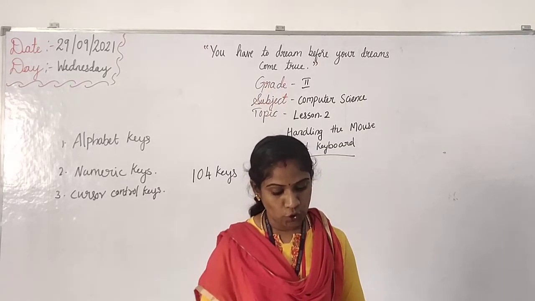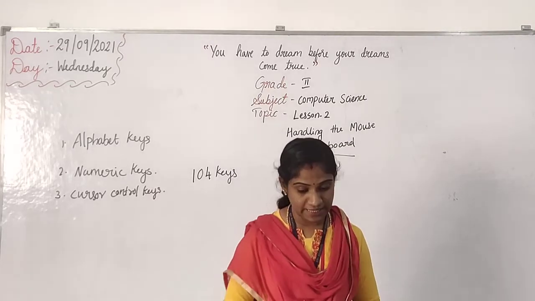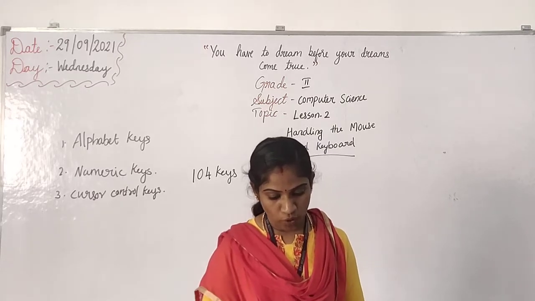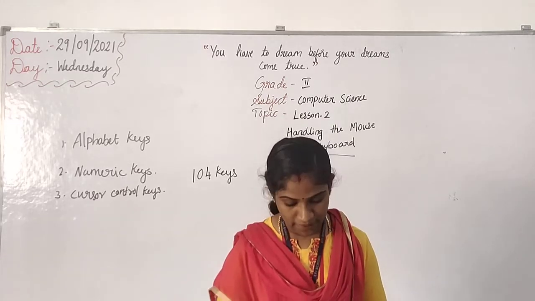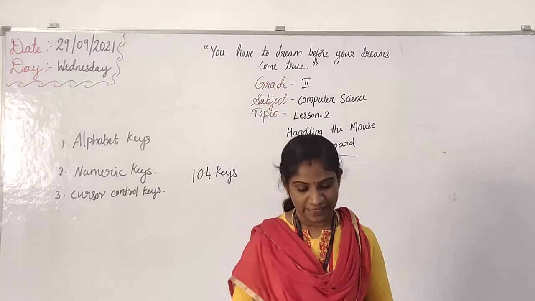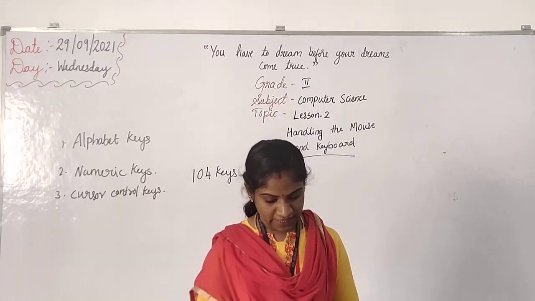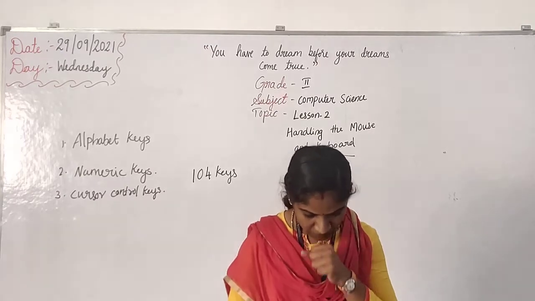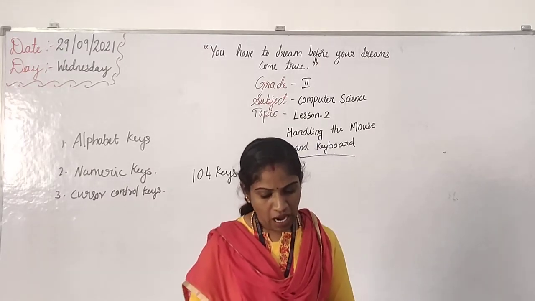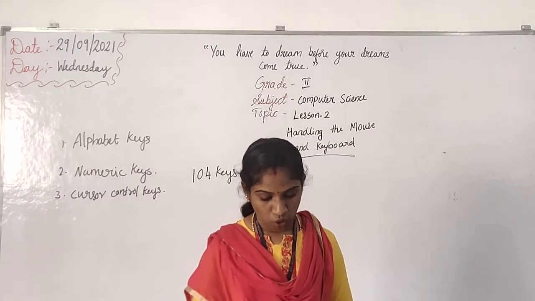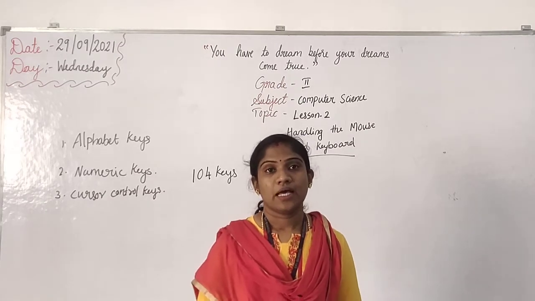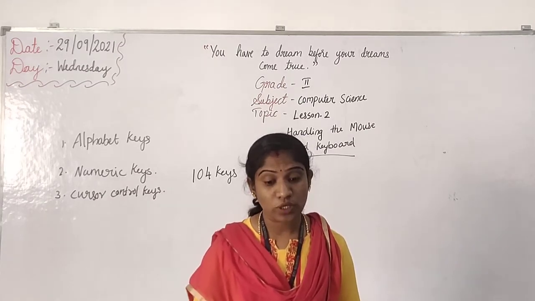It shows the position of the next letter, symbol or number to be entered. The cursor control keys are also called the arrow keys.